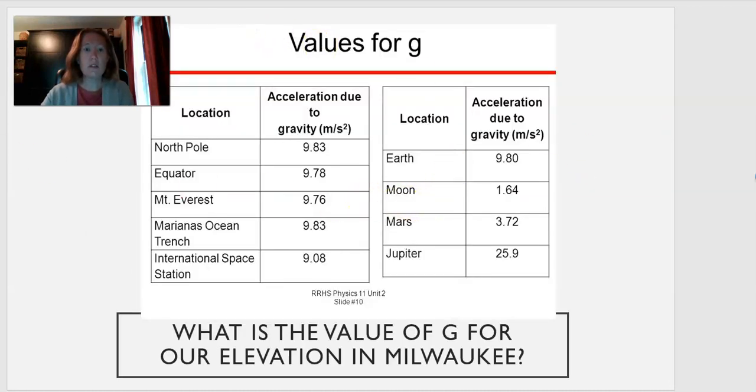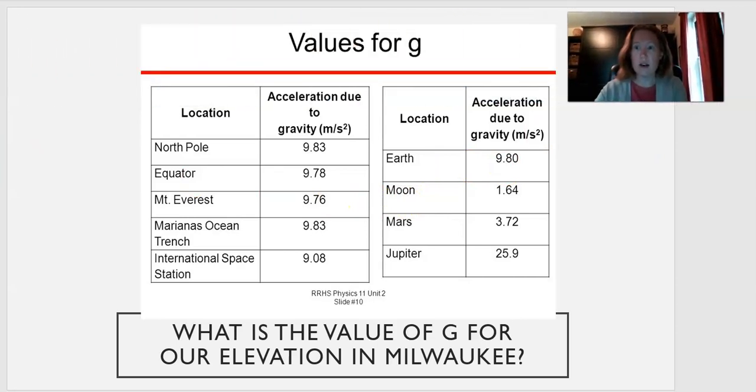I thought I would just put the values for g at some different locations on planet Earth so that you could compare here and think about that a little bit. And then, of course, these values vary by what planet you're on. There's definitely the sun, which is our biggest source of acceleration due to gravity, but we will get into that in another chapter.